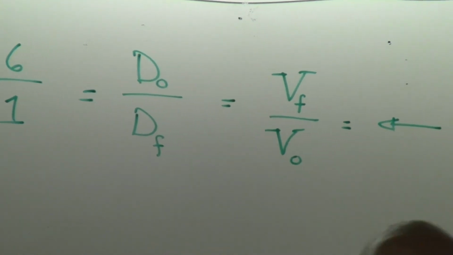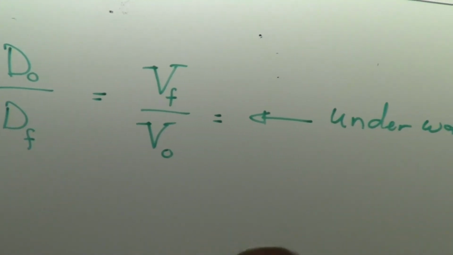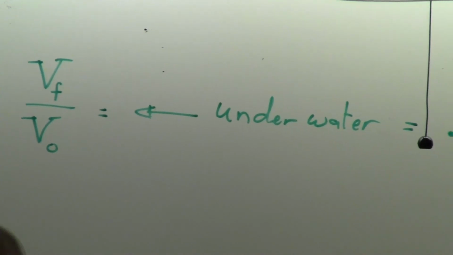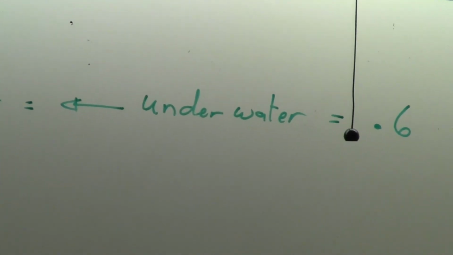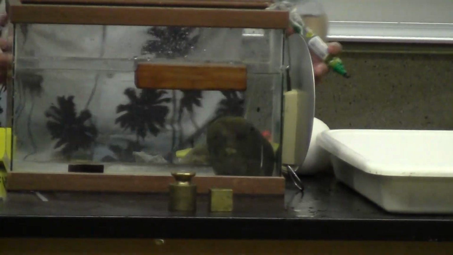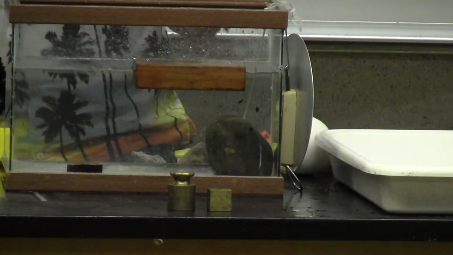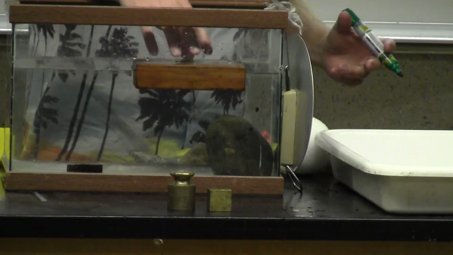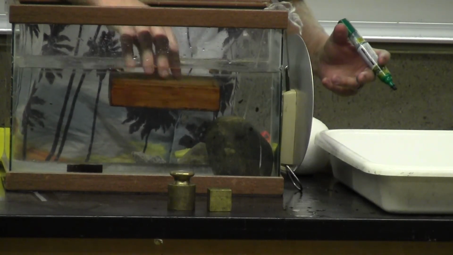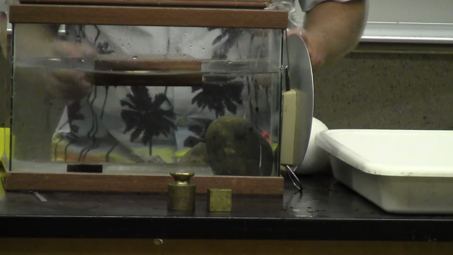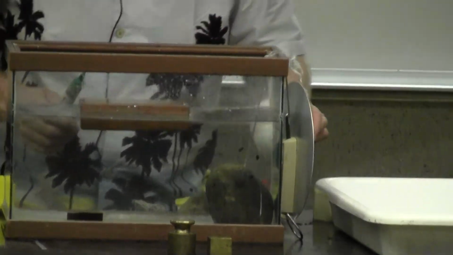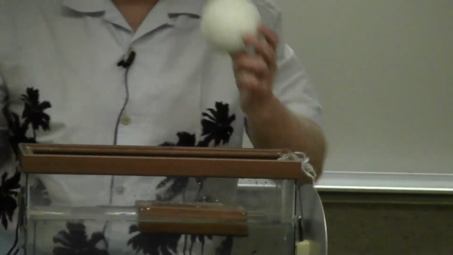And so something that has a density very close to 1, and it looks like about the only thing I have that's close to 1, and it's not that close, but still less than 1, is this piece of wood. And so it's mostly underwater. But let me do one more here.